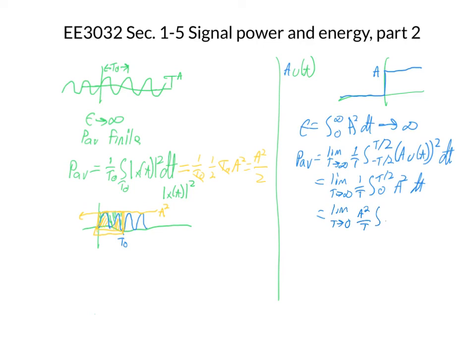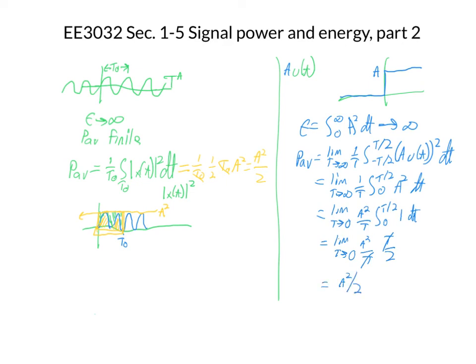I have the integral from 0 to t over 2 of 1 dt. So if I simplify that, I have t over 2. And now the t's cancel out.